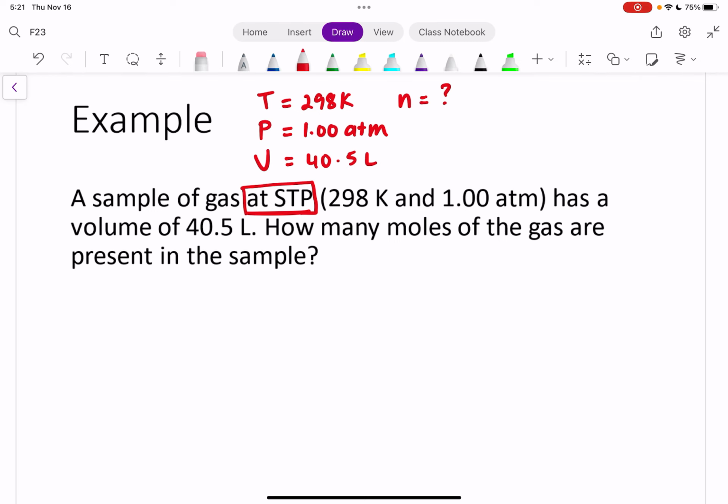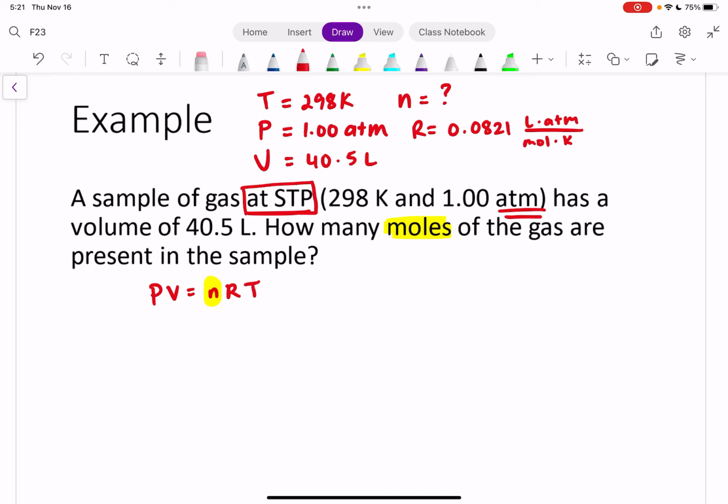Okay, well, remember I said anytime you're looking for the number of moles of your gas, we're going to need our ideal gas law. So we're going to need PV equals nRT. And now it looks like we know all of the parts of this equation, right? Our R value we've always got, right? It looks like we've got ATMs here, so we're going to use our 0.0821 liters times atmospheres over moles times kelvins.